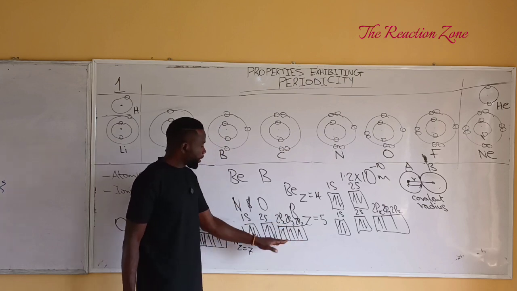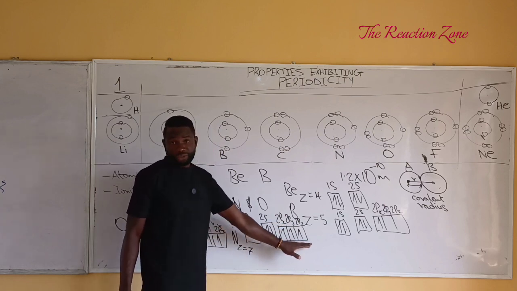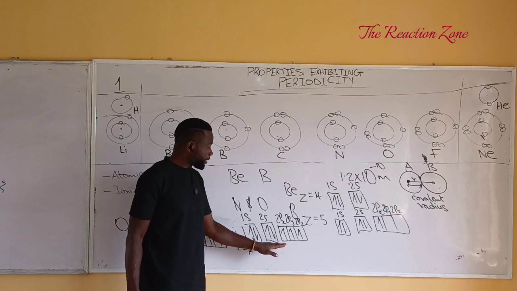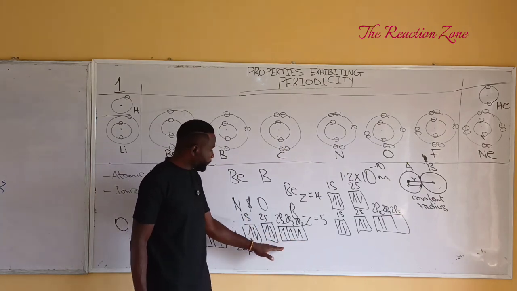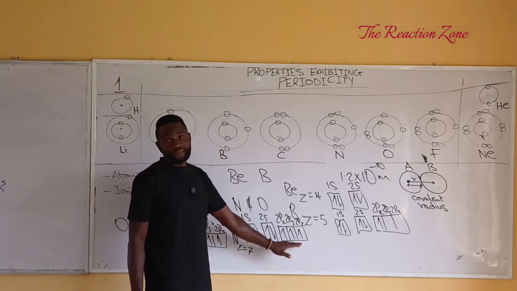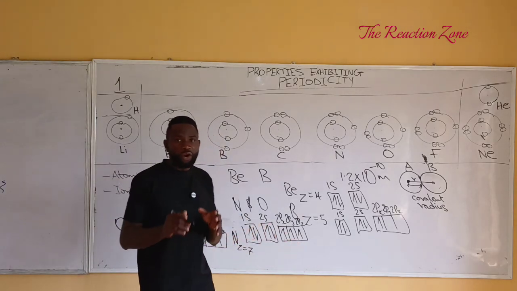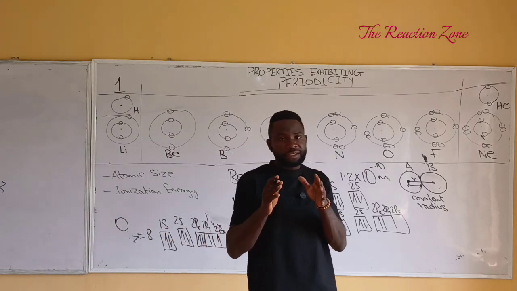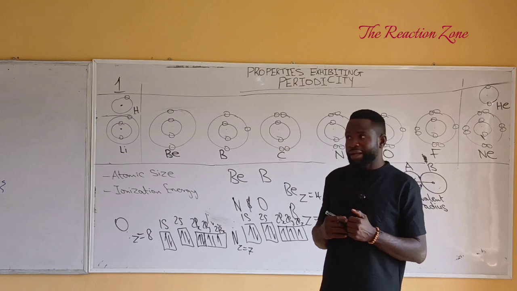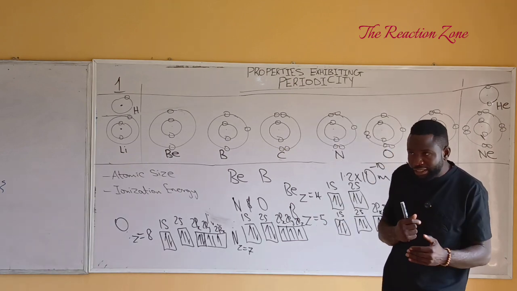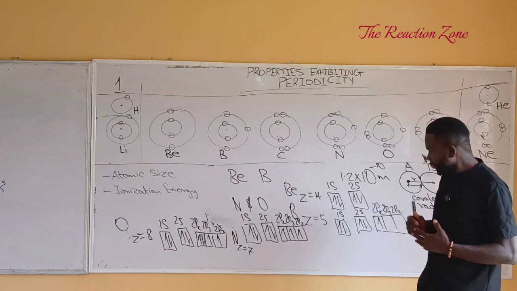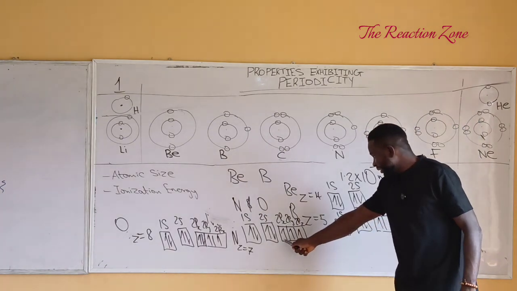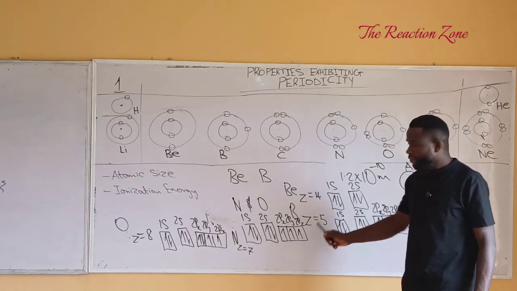The p subshell can take a maximum of 6 electrons, and it contains exactly 3. So the half-filled p orbital in nitrogen confers on it stability. Why? Because it minimizes electron-electron repulsion due to the fact that it is half-filled.